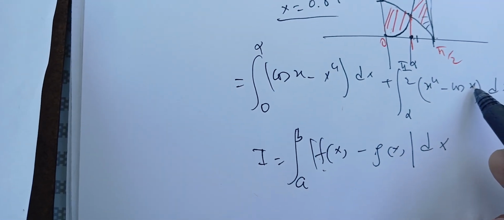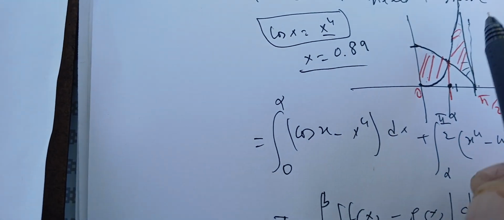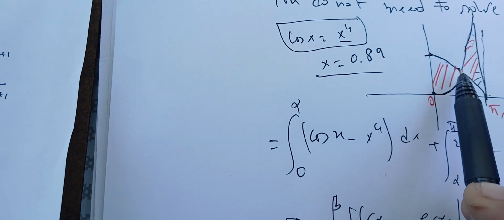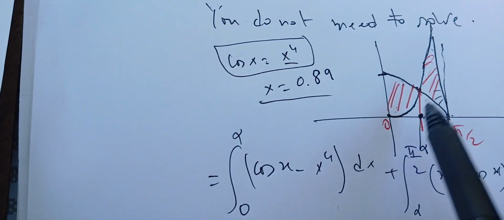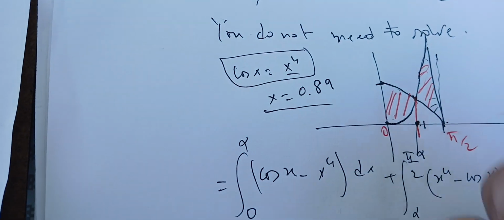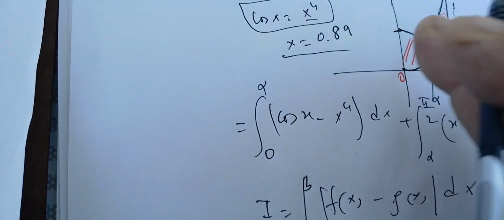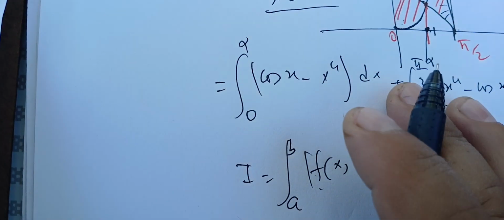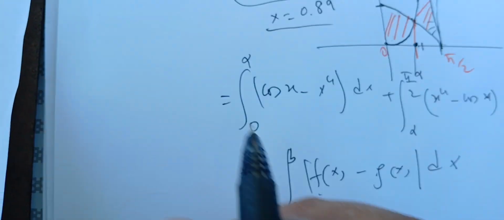Okay? The key idea that we need to get is that we need to be careful when we compute the integral when the functions switch, when they switch sign, which one is on top of the other. That's what we have to emphasize and make sure we understand very well.